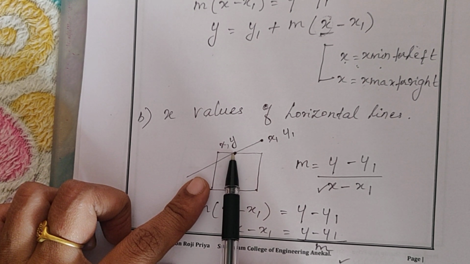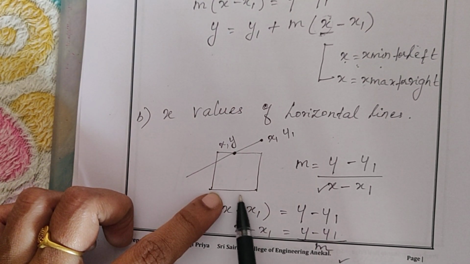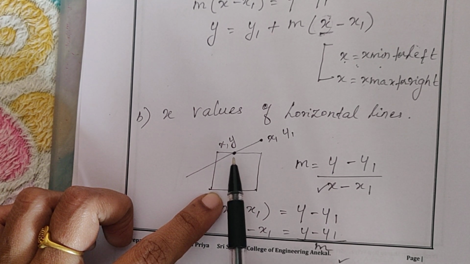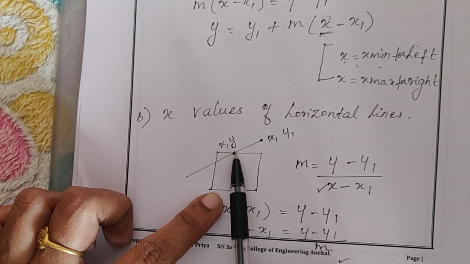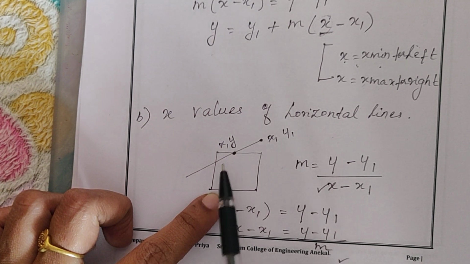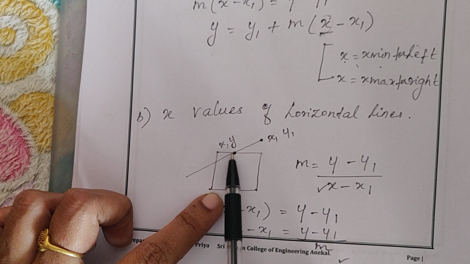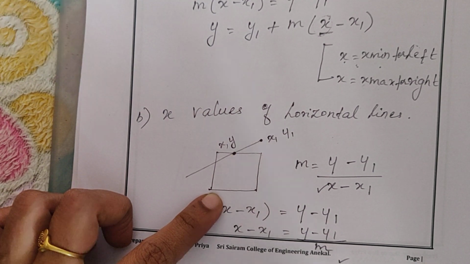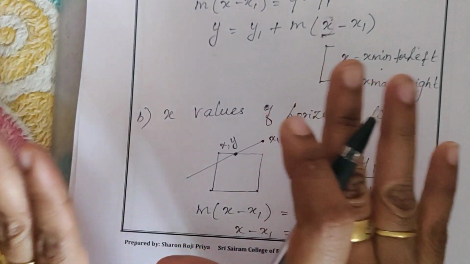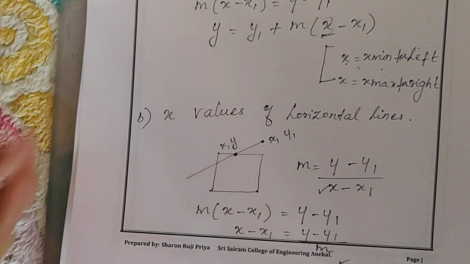If it is intersecting with the bottom boundary, I should take the minimum y value, and if it is intersecting with the top boundary, I should take the maximum y value. Now with this formula, I'll be explaining a sum in the next video.